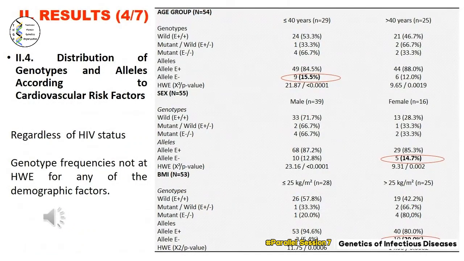About the distribution of genotypes and alleles according to the demographic cardiovascular risk factors, regardless of HIV status, genotype frequencies were not at Hardy-Weinberg equilibrium for any of the demographic factors. The mutant allele was more frequent in those under 40 years of age, women, and those with high body mass index values.